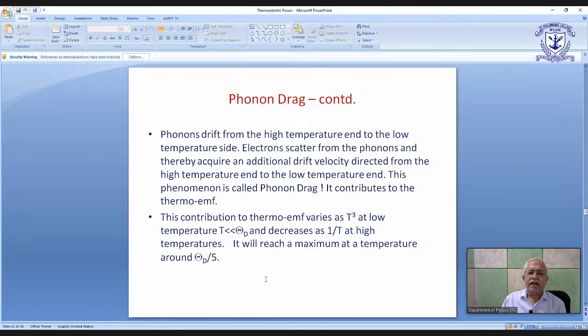At high temperatures, that is T much greater than Debye temperature, the phonon drag contribution varies as 1 by T. This variation indicates that there would be a maximum, and the maximum is reached roughly at a temperature around theta D by 5. This is what is seen for metals. We will not worry about phonon drag because its magnitude is not much.